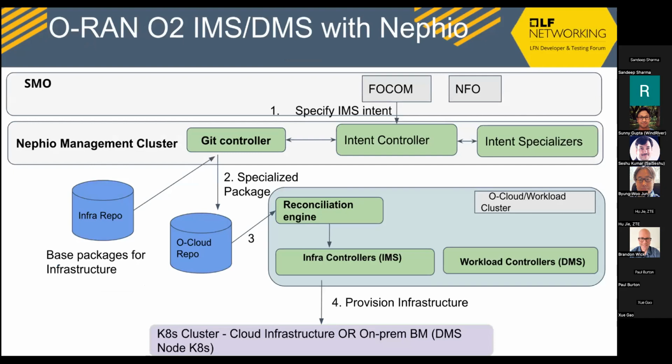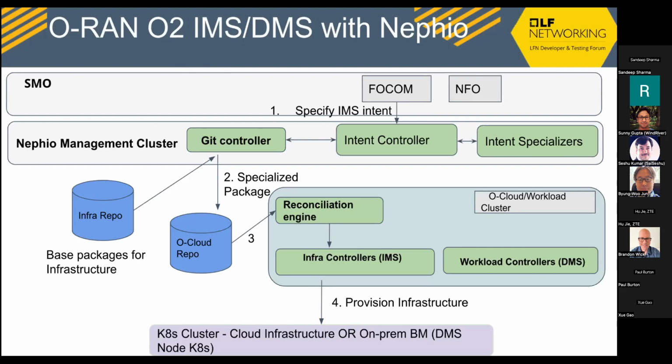On this slide, what we see is the current architecture of Nephio, which we will see in R1. It is meant for workload orchestration as of today, but using the same design principles, we can use Nephio as the O-Cloud, with the IMS and DMS underneath. The top layer I've put as SMO, and SMO has FOCOM and NFO.